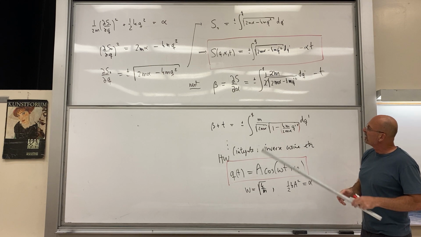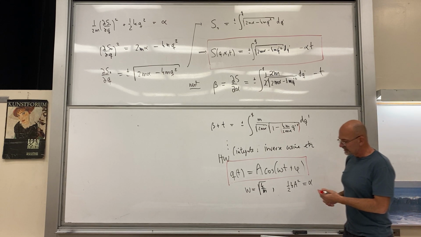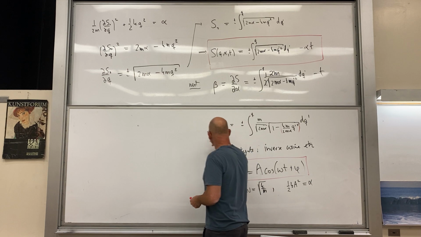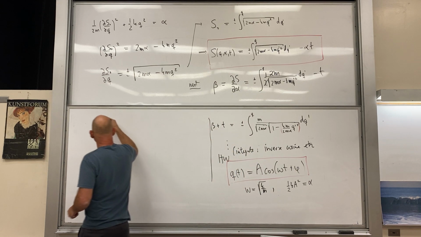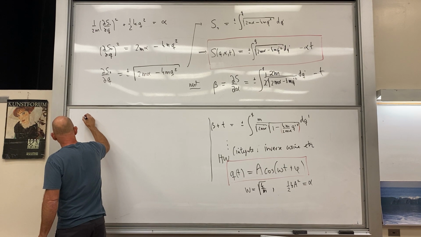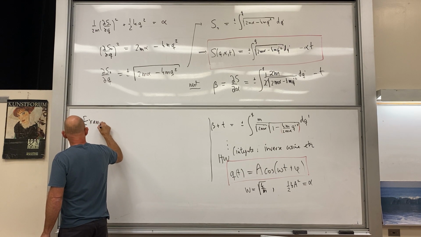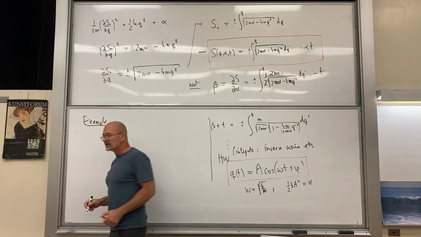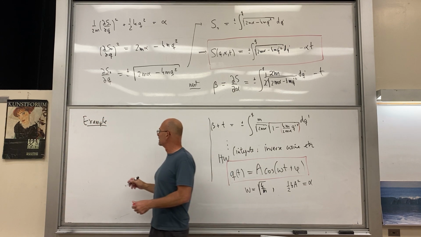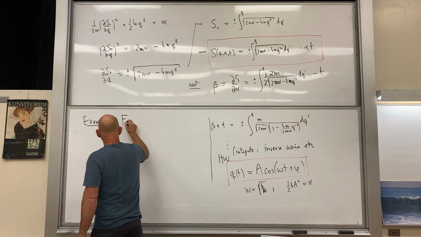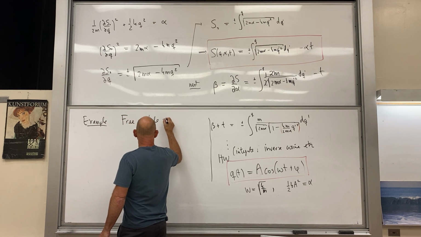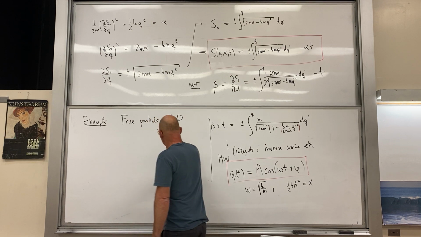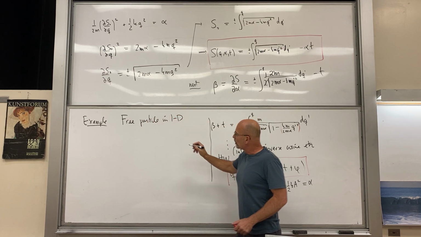But good, so that is the harmonic oscillator example. And I'm going to do another example now. Also one-dimensional, actually the simplest example, and that is the free particle in one dimension.